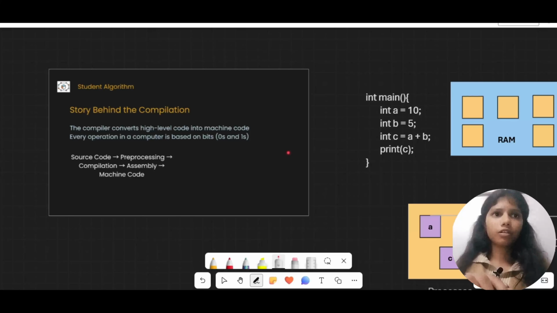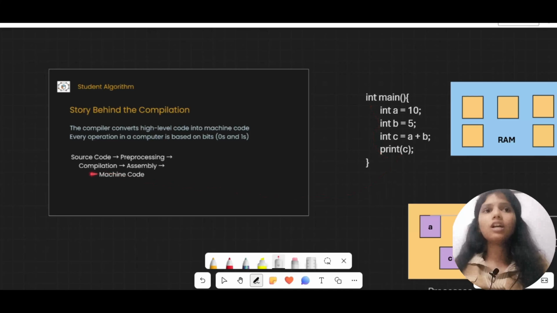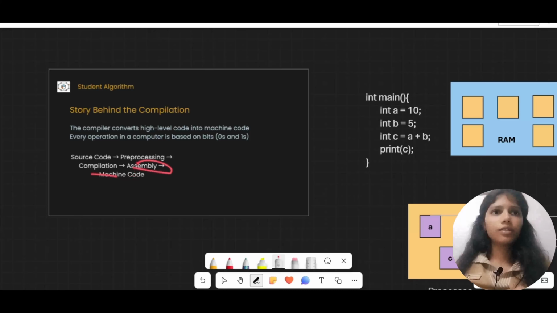And then compilation: it checks whether any errors are there in the high level language code. If the compilation is successful, if you don't have any errors, it will be converted into assembly level language. Assembly level language is like an English kind of language.